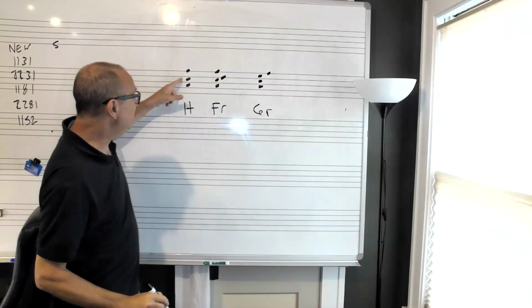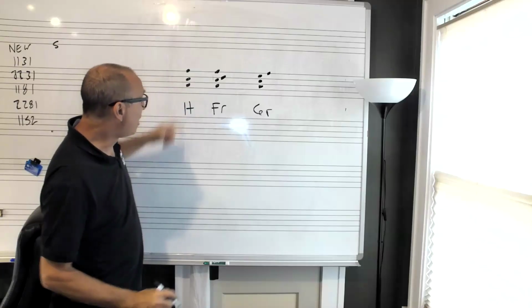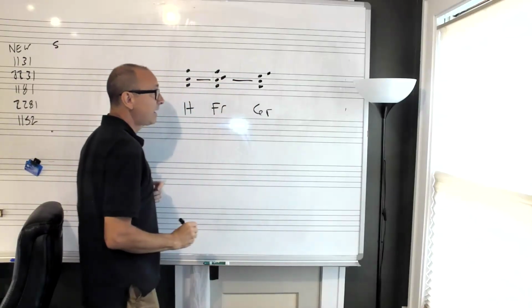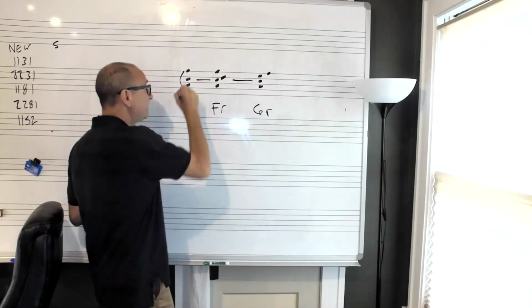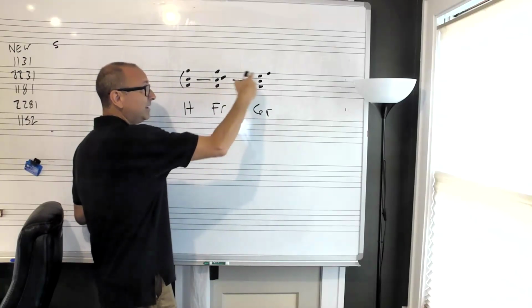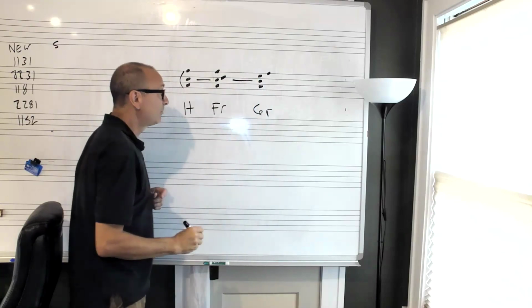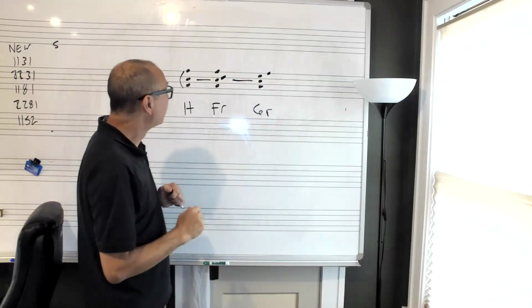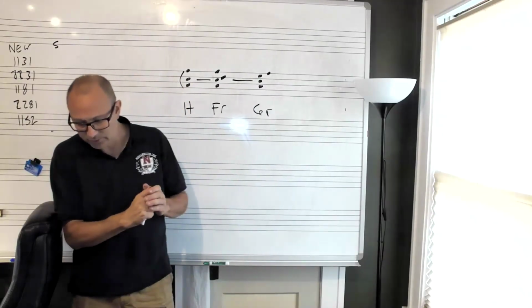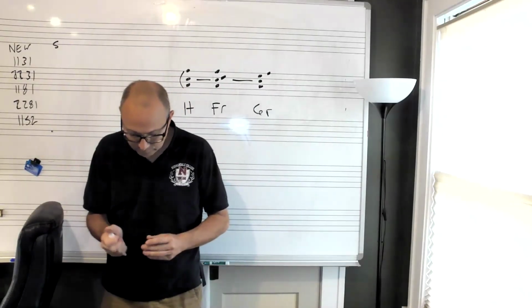All right, so you can see that all of these chords have one thing in common. They have the tonic pitch. They all have a sixth, but then French has this, and then German has basically a triad. That's the easiest way, I think, to see these.